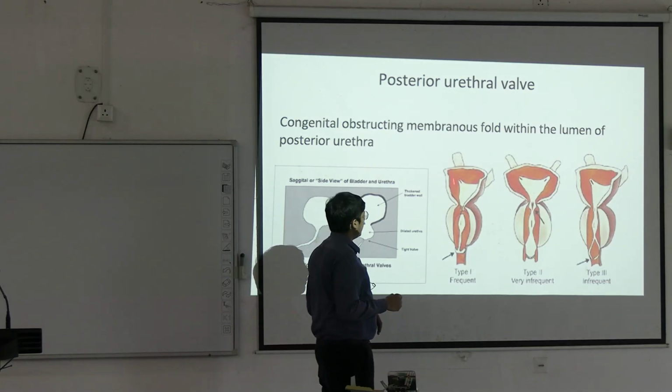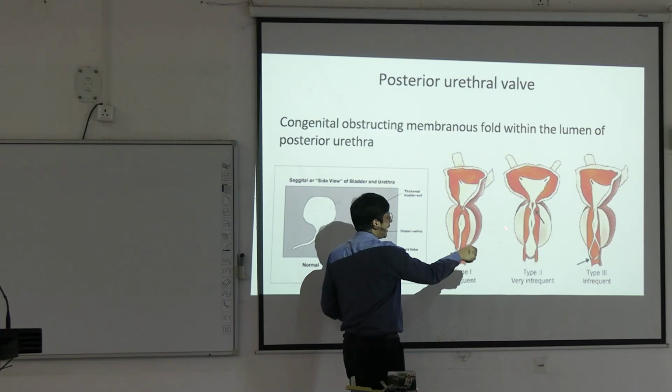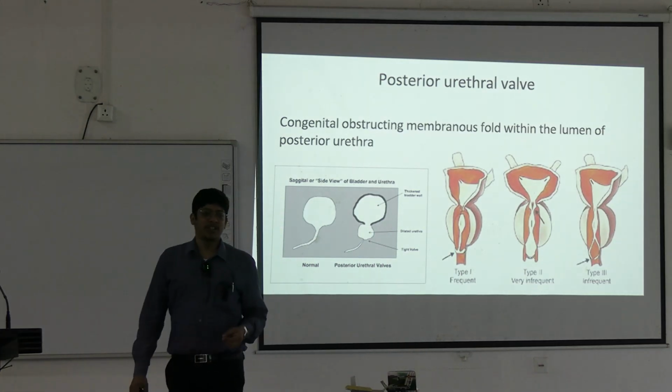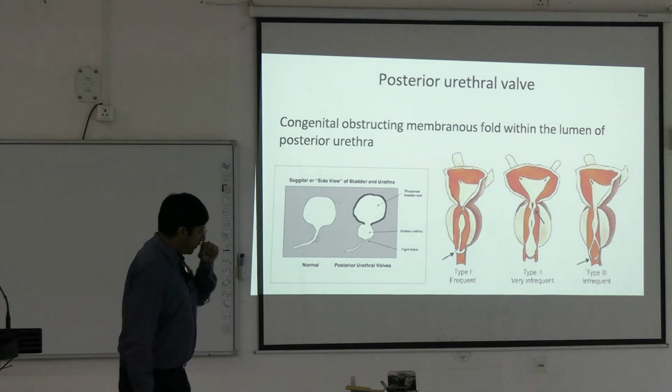So this is the bladder, this is the trigone of the bladder, this is the prostatic part of the urethra. Now do you see these structures on the side? This is the urethral canal and these structures on the side are trying to depict a valve which is a partial obstruction to the flow of urine from the bladder to the urethra.